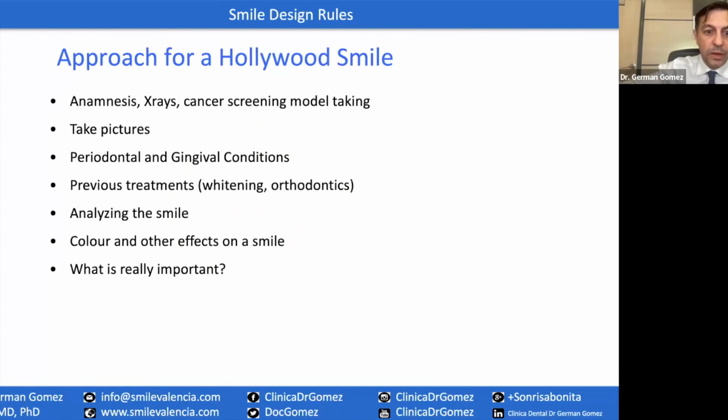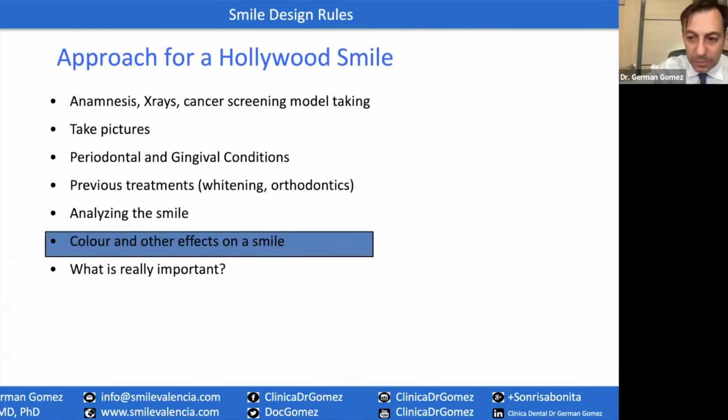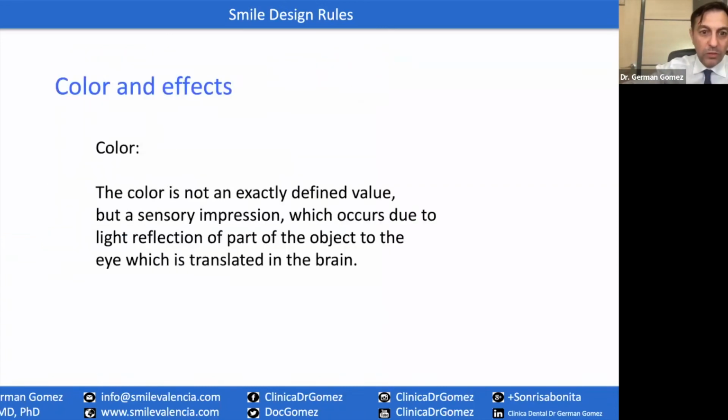Okay, and color and other effects on a smile. Well, we can play with colors. What is color? Color is not an exact defined value, but a sensory impression. So if I say, what color is this? And you say green, it's everything except green, because this here absorbs all the colors except green, which it reflects.